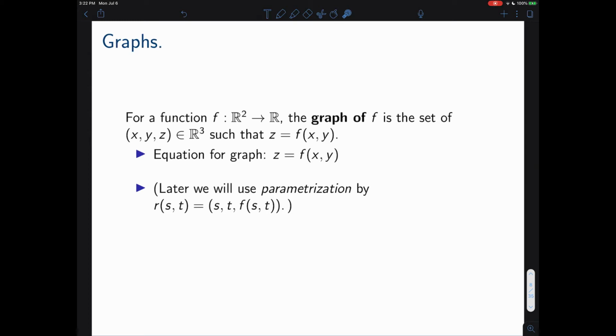One more important thing about functions is their graphs. Every function has a graph. So for a function f from R2 to R, this is function notation.